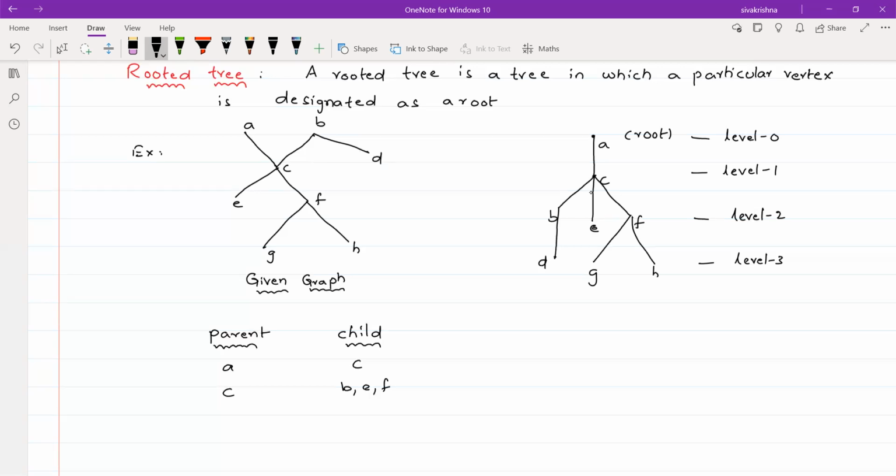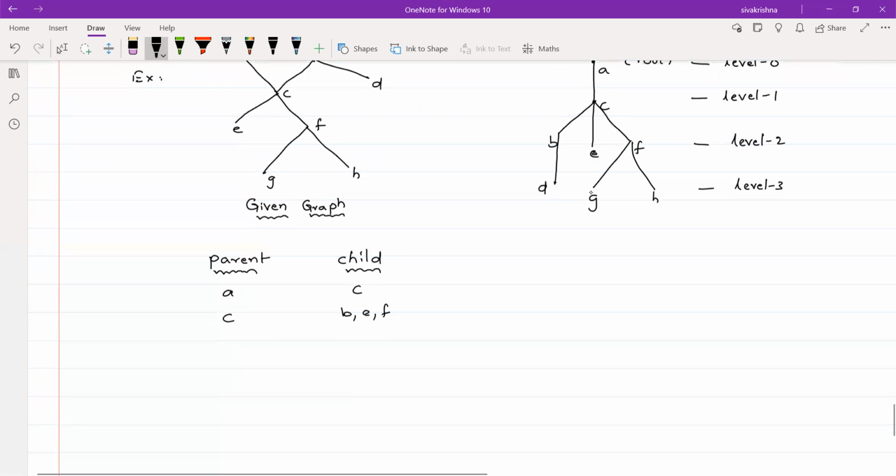Now coming to the vertex B. If you treat vertex B as a parent, vertex B has only one child, and that is D. And coming to the vertex E, E has no children, so we can't write anything for E. Coming to the vertex F, F has two children, those are G comma H.